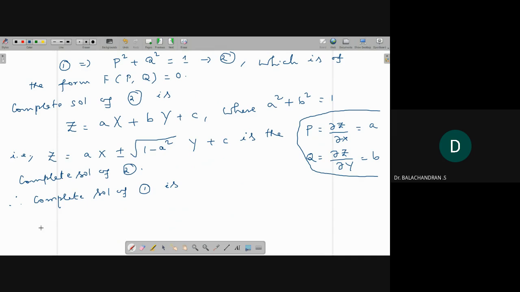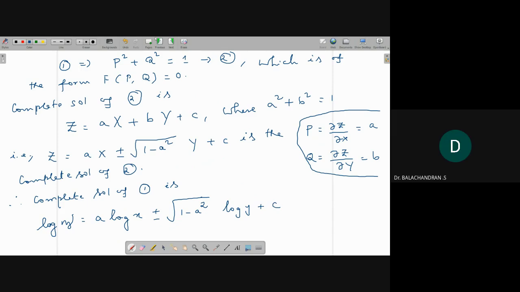Capital Z is log z, capital X is log of small x, so the solution is log z equals a log x plus or minus root of 1 minus a square into log y plus c. This is the complete solution of equation 1. So the problem is over.